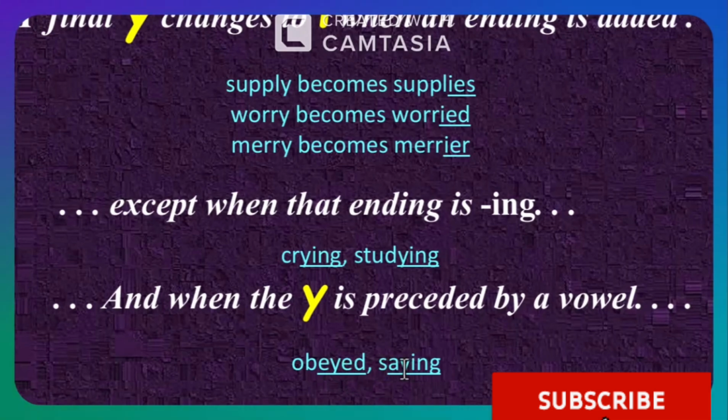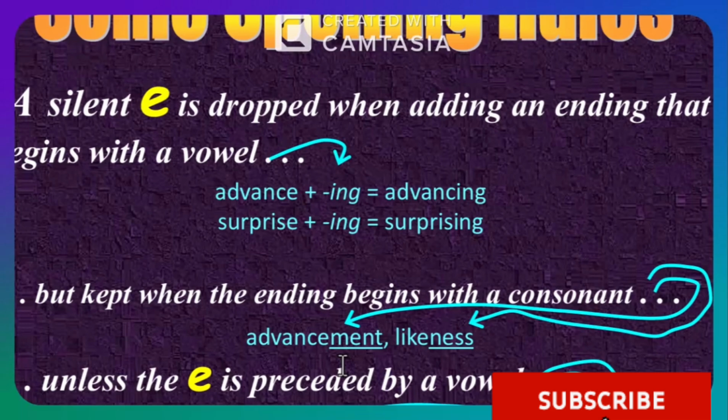Before saying, you have A, which is a vowel letter, and after that we have Y. So when adding a suffix or any other form, you do not change Y if before Y we have a vowel letter.